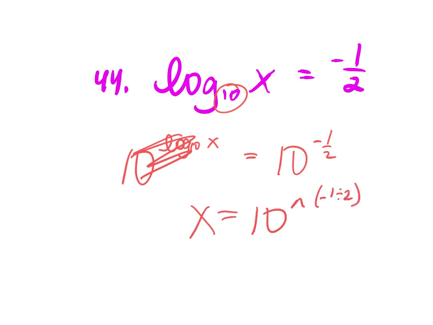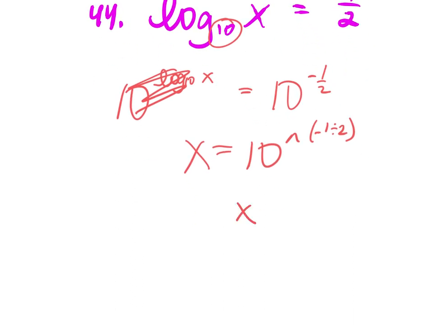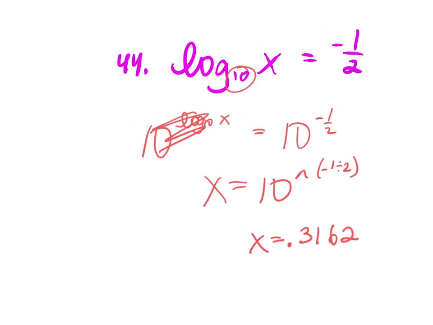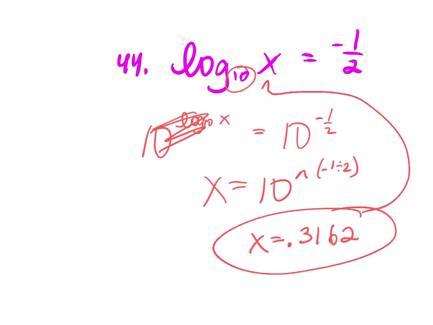Make sure you guys do that. So we have 10, and I raise that to the -1/2 power. And I get x equals 0.3162. Now I would take this and I would plug it in right there, and I make sure I'm not taking the log of a negative number, and I'm not.